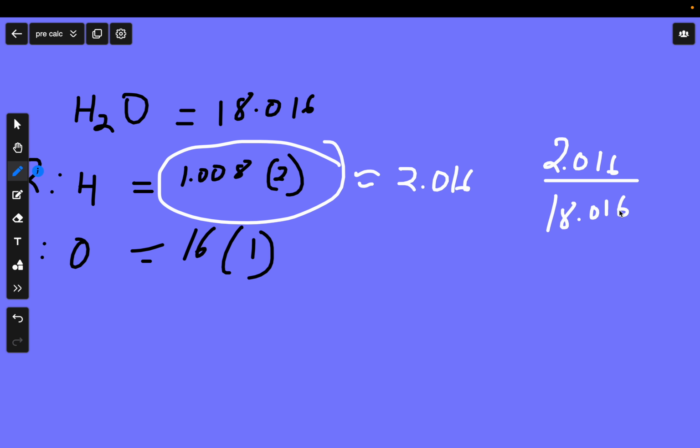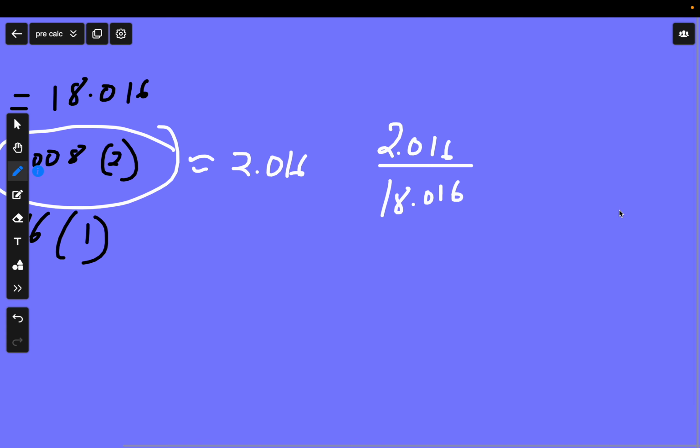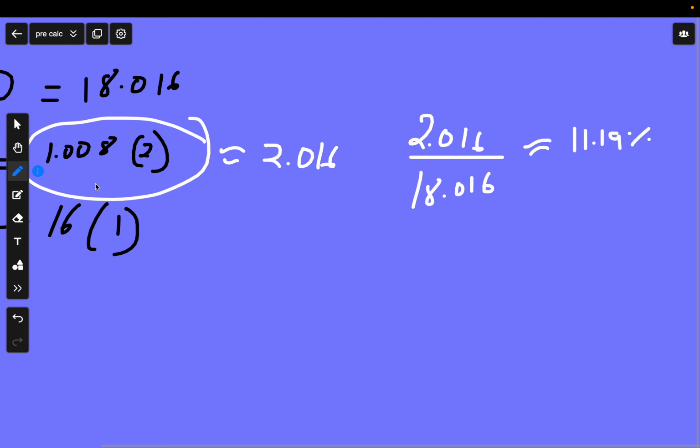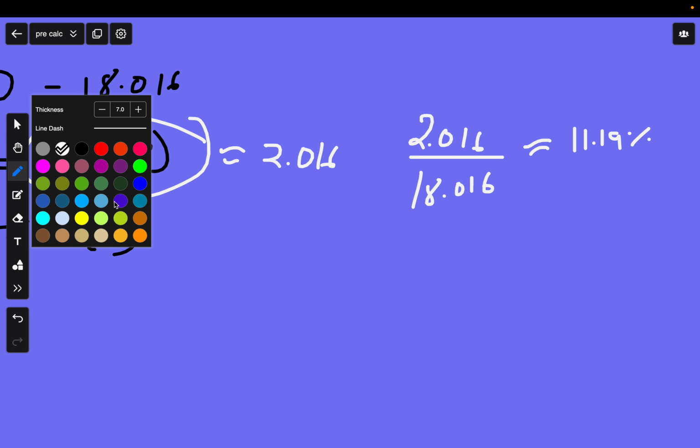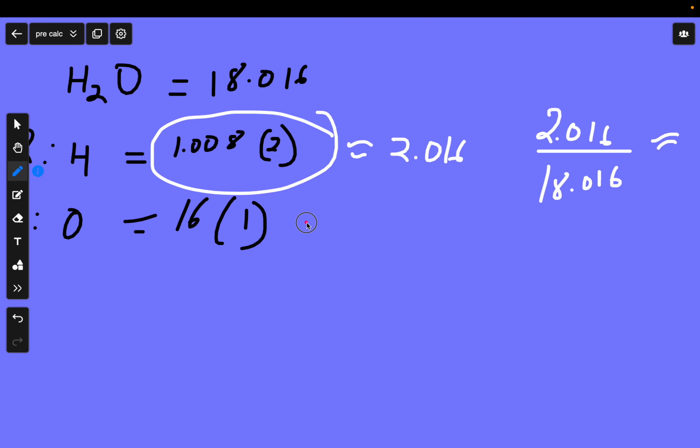See what numbers we're dealing with. 2.016 divided by 18.016. You would get approximately 11.19%. Now, I'll do the same thing with oxygen right here.